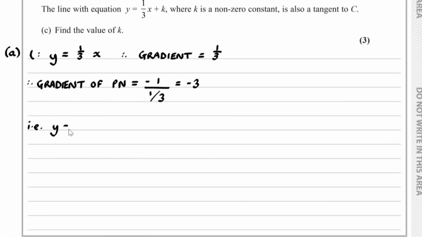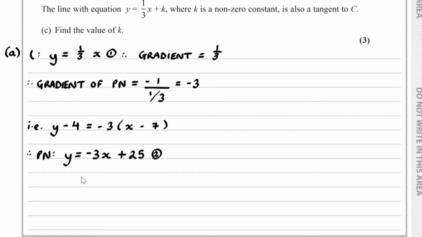So we've got y minus 4 equals minus 3 lots of x minus 7, from which we can conclude the line NP has equation y equals, well, here we've got minus 3x, then we've got plus 21 plus 4, which is 25. So we'll call this equation 1. We'll call this equation 2.